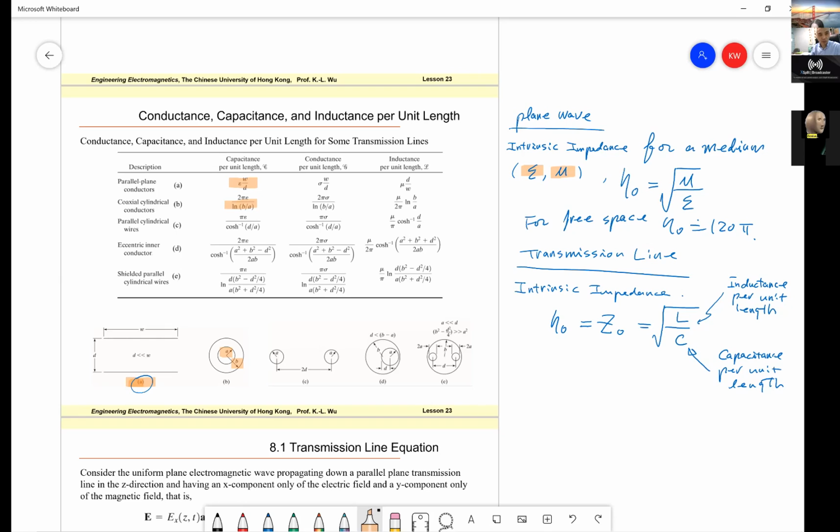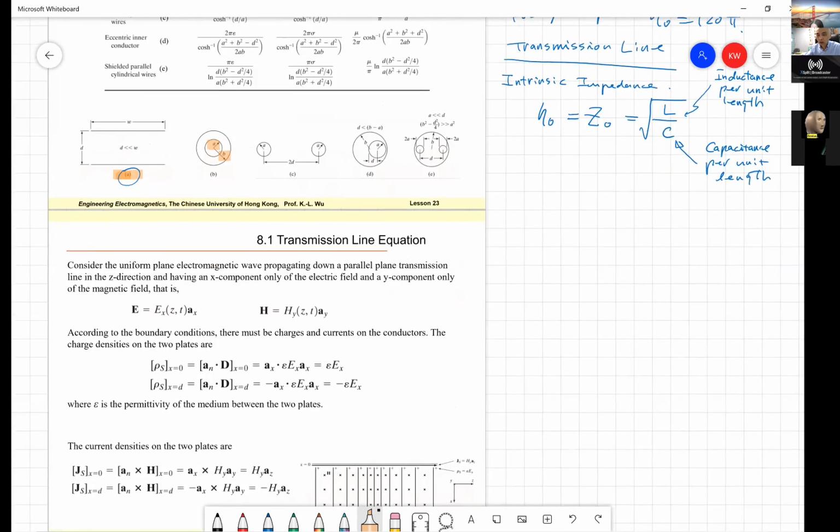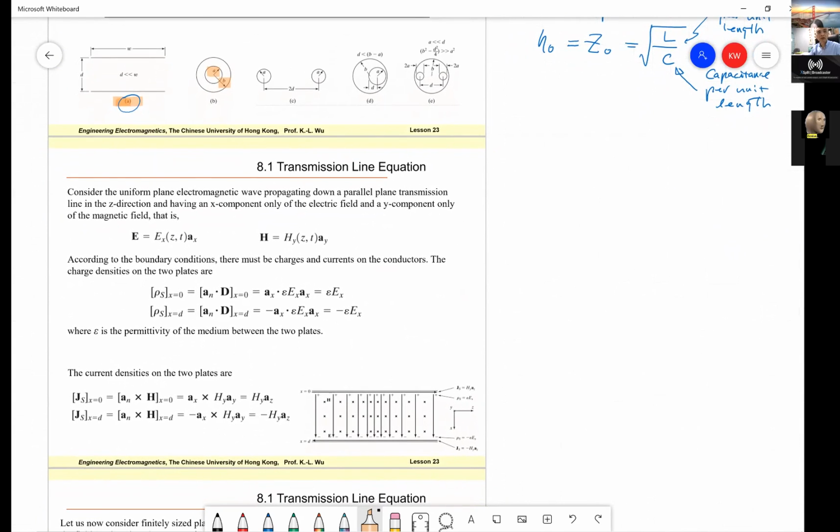We can find all these capacitance and inductance values for different types of transmission line, and you can also find them in a textbook. So we don't discuss how they are obtained, but we will discuss the behavior once the intrinsic impedance or capacitance and inductance are known.